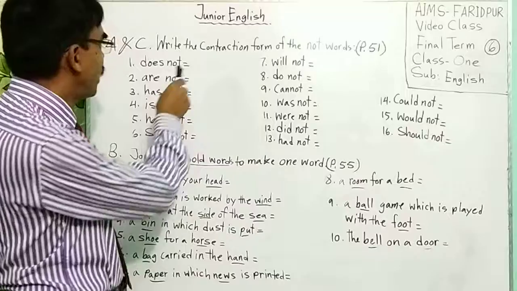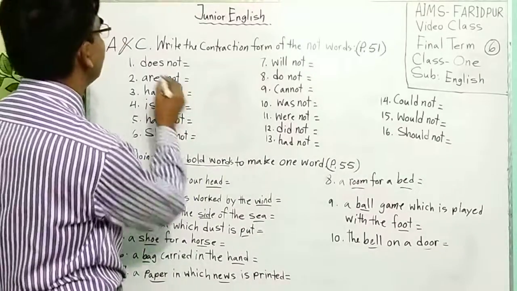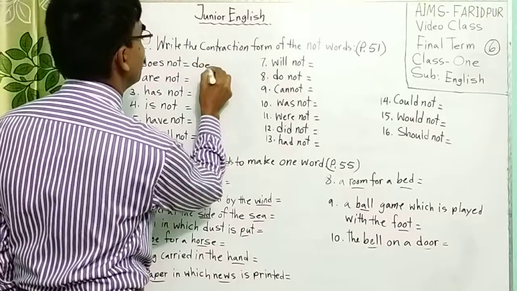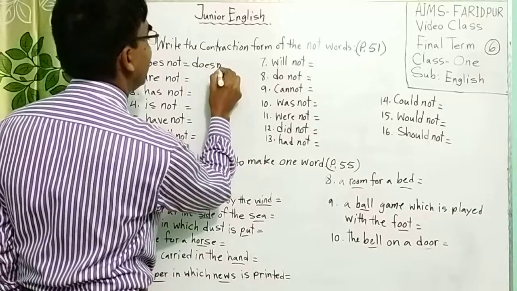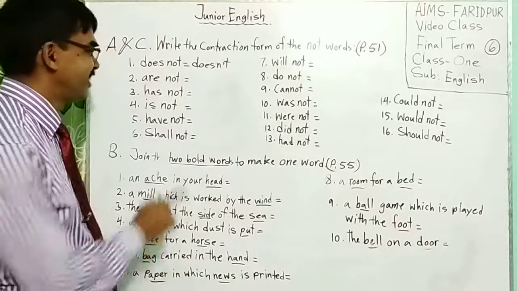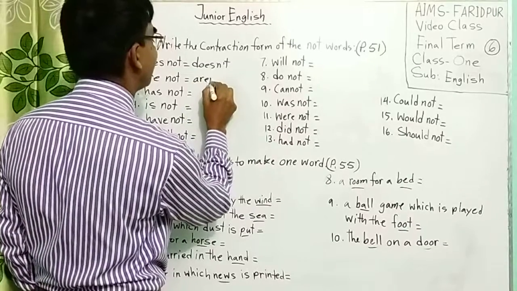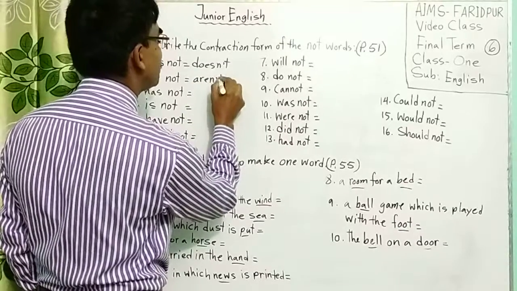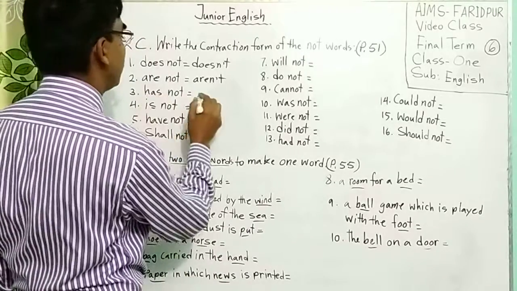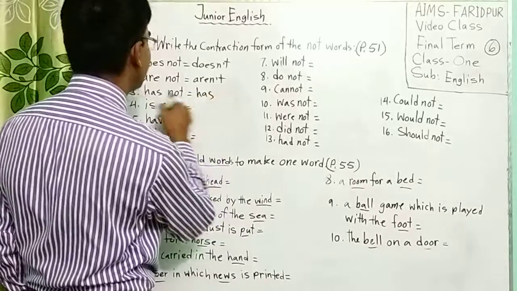Okay, number one, very interesting, does not. So here first you write does, D-O-E-S, and then n apostrophe t, doesn't. Very easy. Okay, second one, are not, right? A-R-E, are, then n apostrophe t. Is it funny, right? And easy to you too. Okay, then has not.